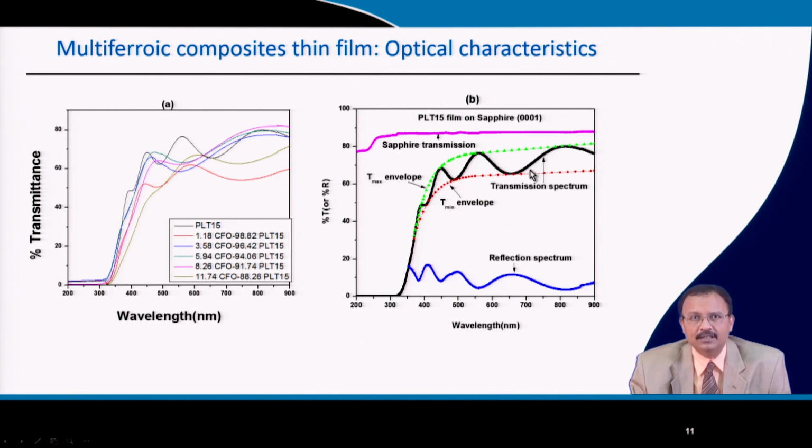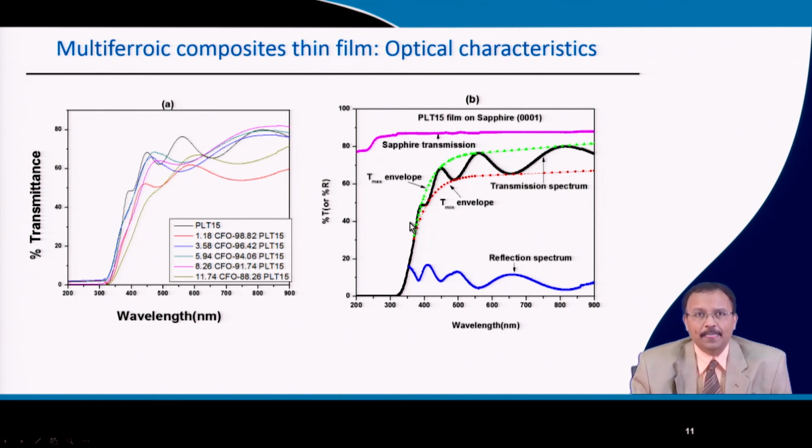The transmittance is a bit less than that of the substrate on which it is deposited, which is sapphire, and the reflectance spectra is exactly reverse. You see that wherever the peak is there, the crest is here, and wherever the crest is here, the peak is there. So, it is a perfect reflection spectra.